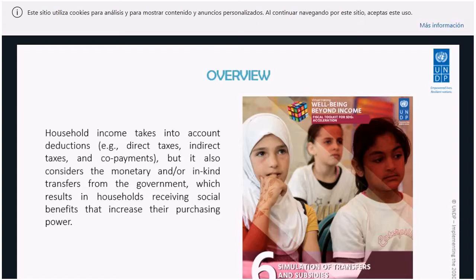Then another 12 could come from non-contributory pensions for an elderly population living in the household.